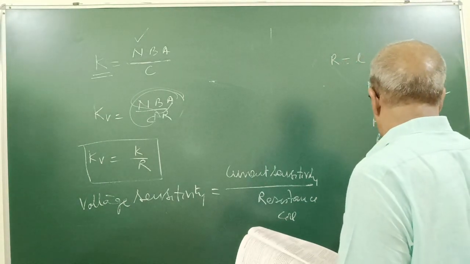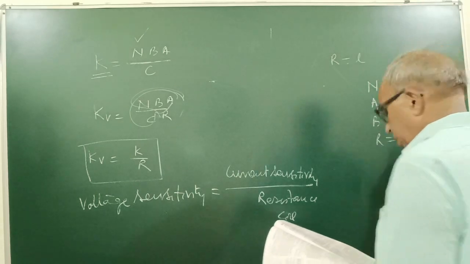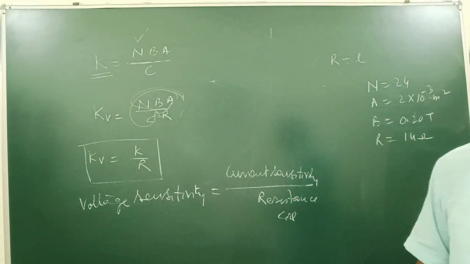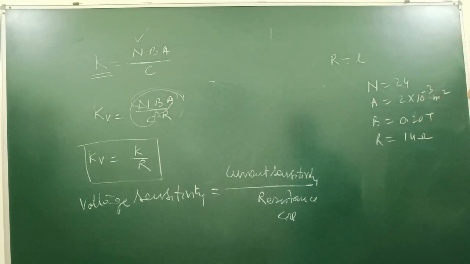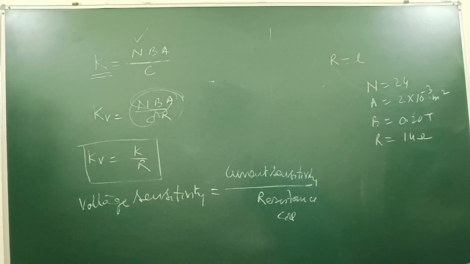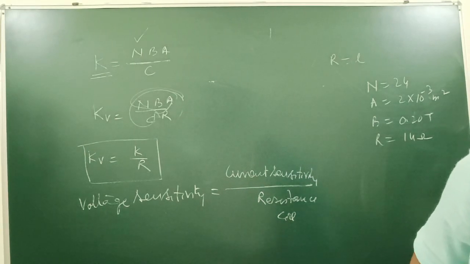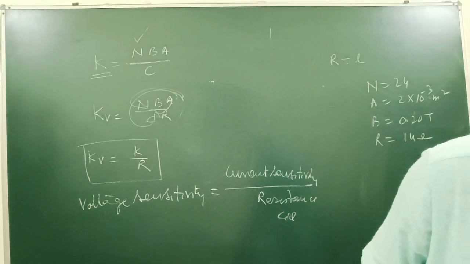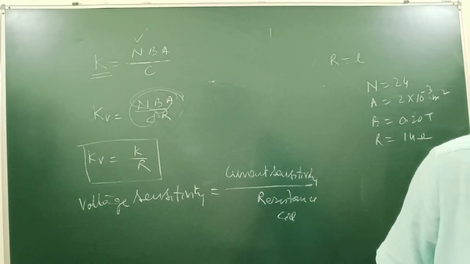Resistance R equal to 14 ohm. Suggest a simple way of increasing the current sensitivity of the galvanometer by 25%.